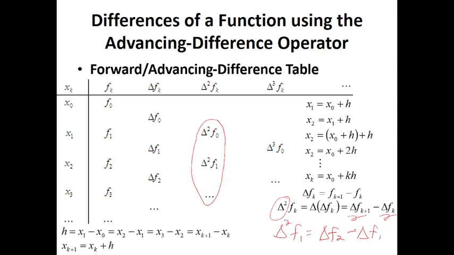So I will subtract the preceding value from the successive value of the first differences of f. That is delta f2 minus delta f1, in order to get the second differences of the function for k equals 1.